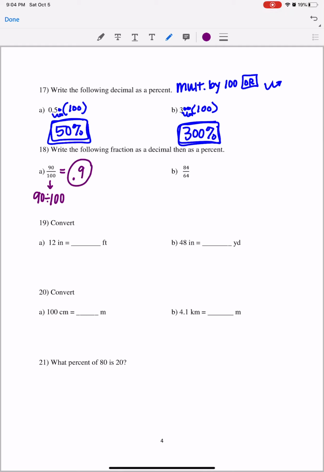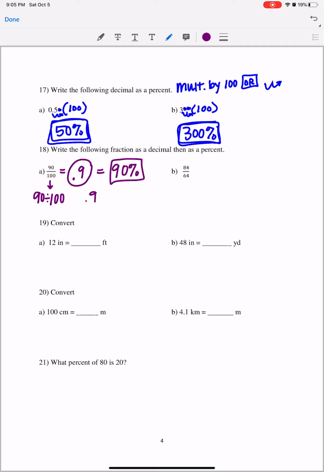Okay, so that's my first answer. And then we're doing this right here. We're either multiplying by 100 or moving that 2 times to the right. So that becomes 90%.